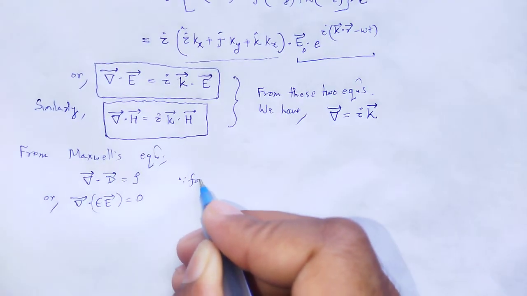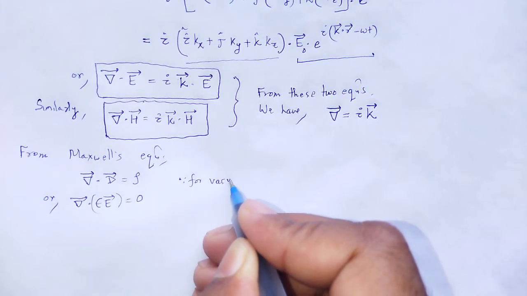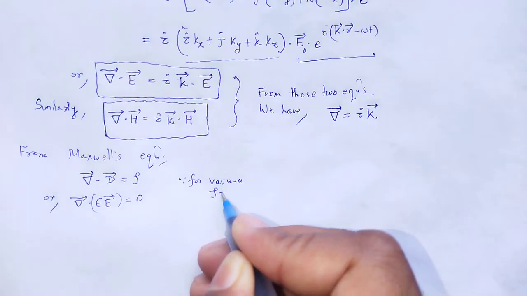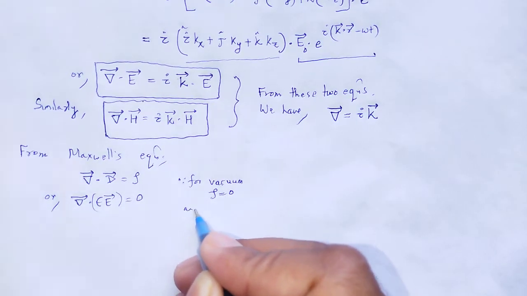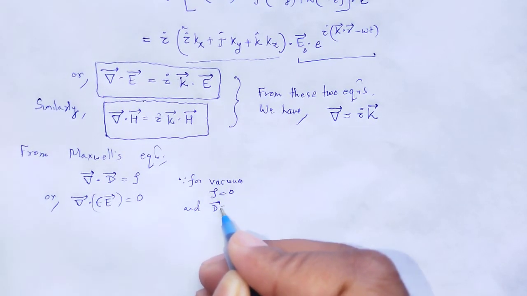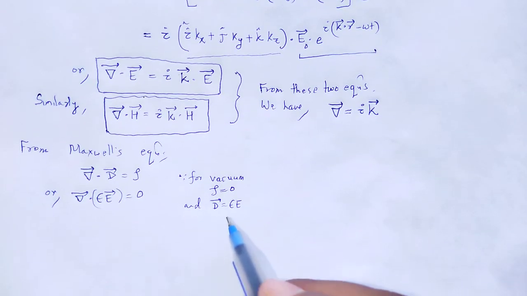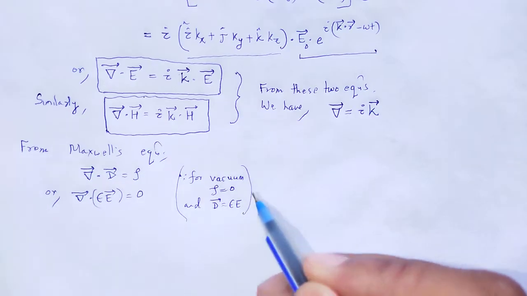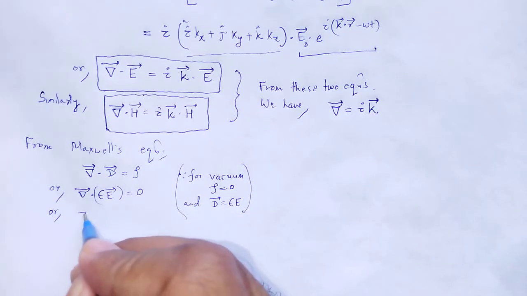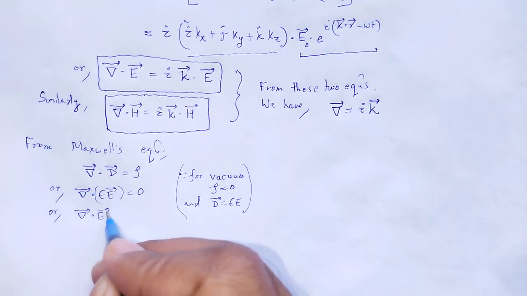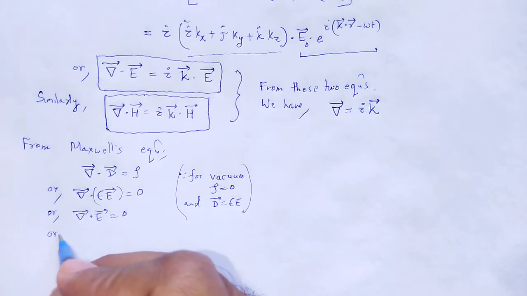As we say, for vacuum, charge density is 0 and D vector is epsilon E. Therefore, grad dot E vector is equal to 0.